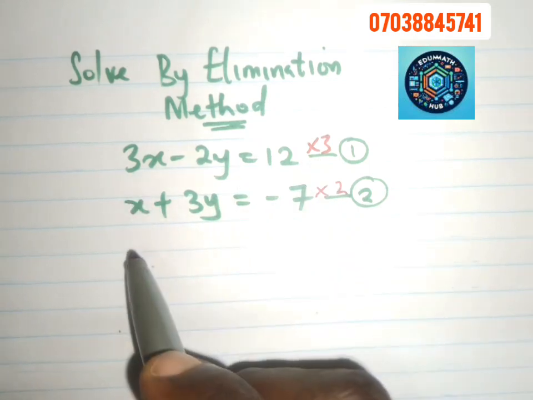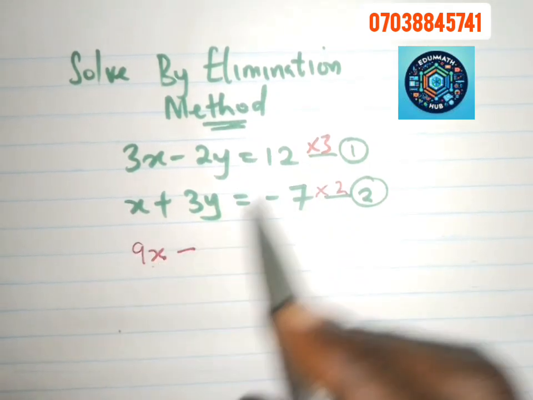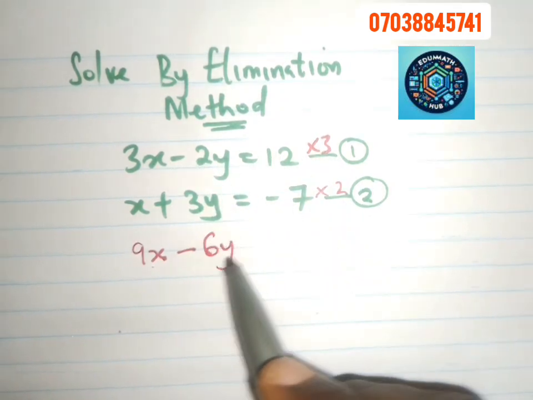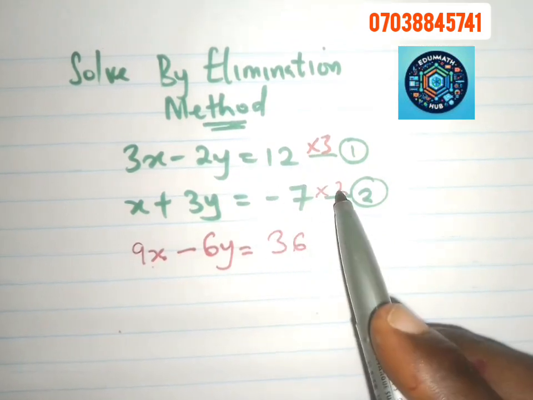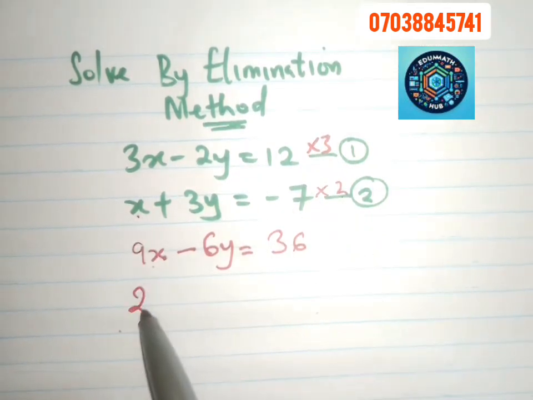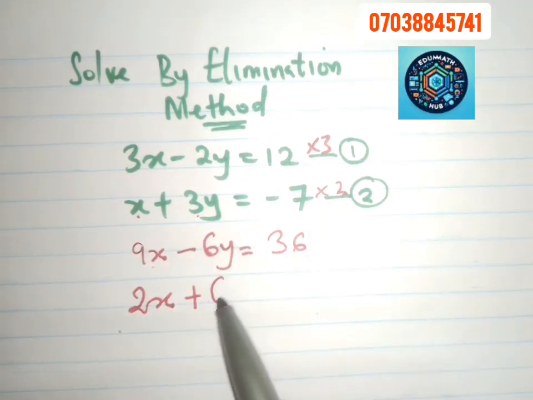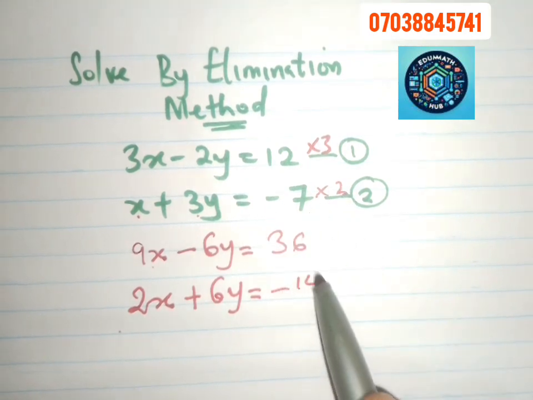So 3 times 3x, that will give you 9x minus 3 times minus 2y, that will give you 6y. 3 times 12, 36. 2 times x, 2x, plus 2 times 3y, 6y. 2 times minus 7, minus 14.